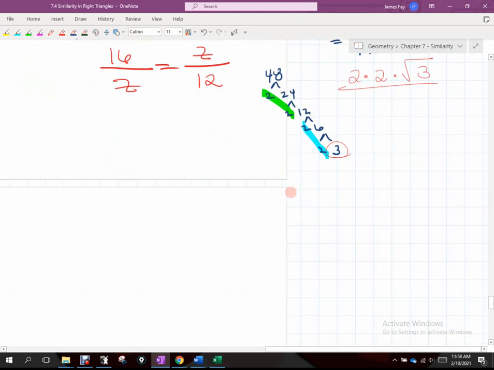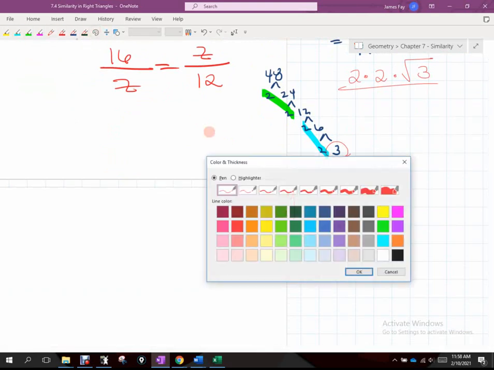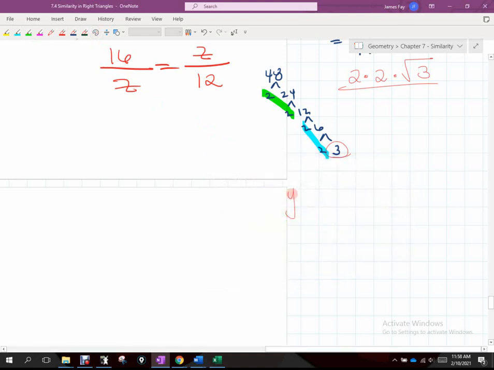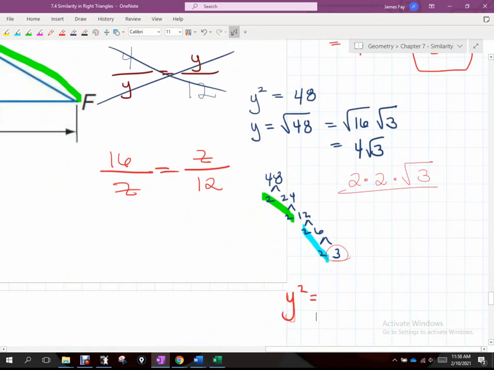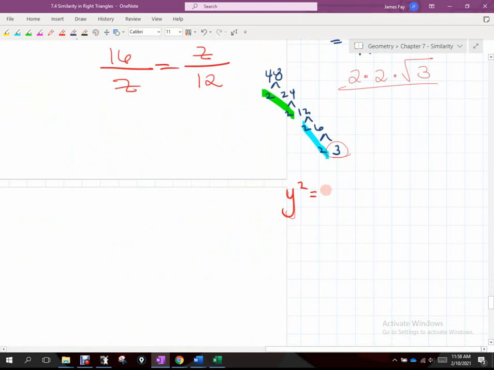I'm a fan of doing it this way. Because, and this is another thing about mathematics, we've already done radical 12. We did radical 12 yesterday several times in previous problems. So I already know from memory that radical 12 is 2 radical 3.